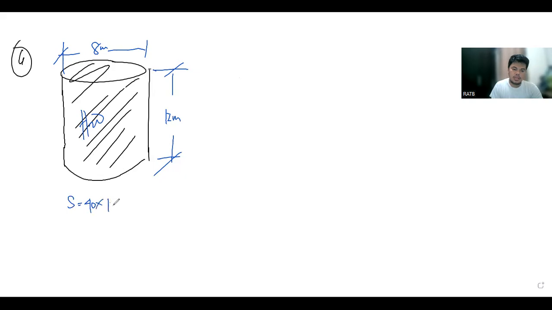So the stress is just limited to 40 megapascal. Now, if we consider the tangential stress, first we consider tangential stress.